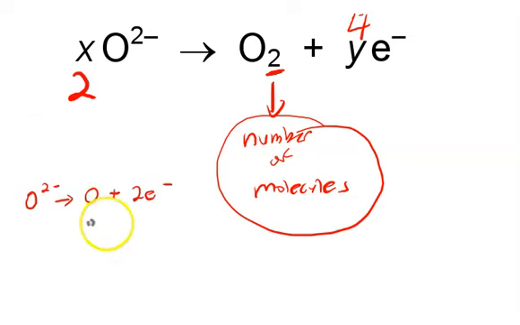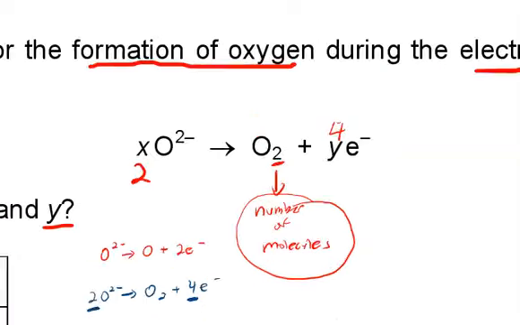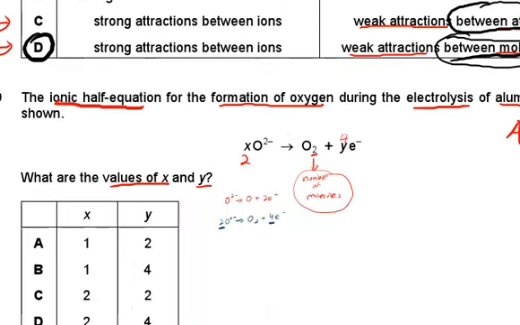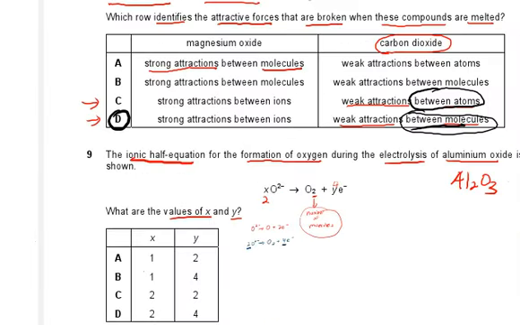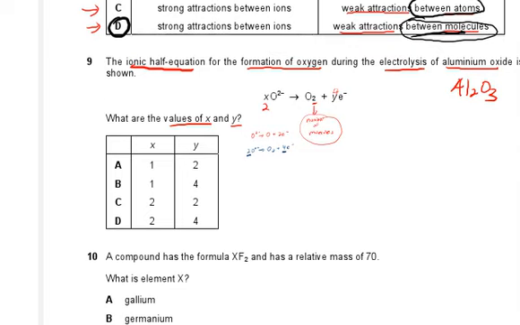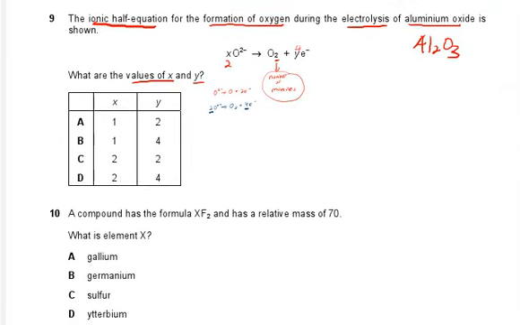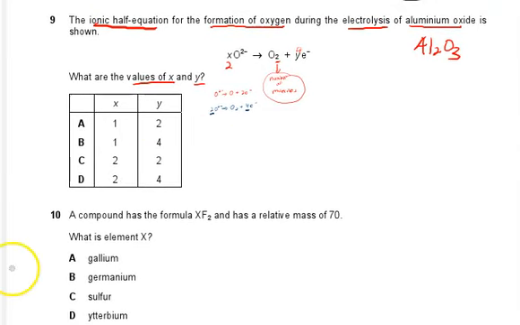If you put here 2, here will become 4 electrons, and here will become 2 ions. So this one is 2 and here will be 4. Now let us look back at the question. This is number 9. So the answer here will be D.